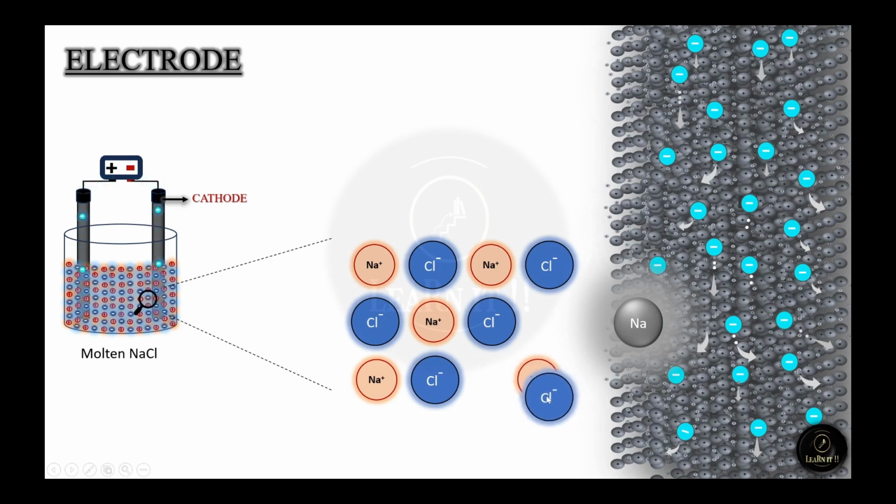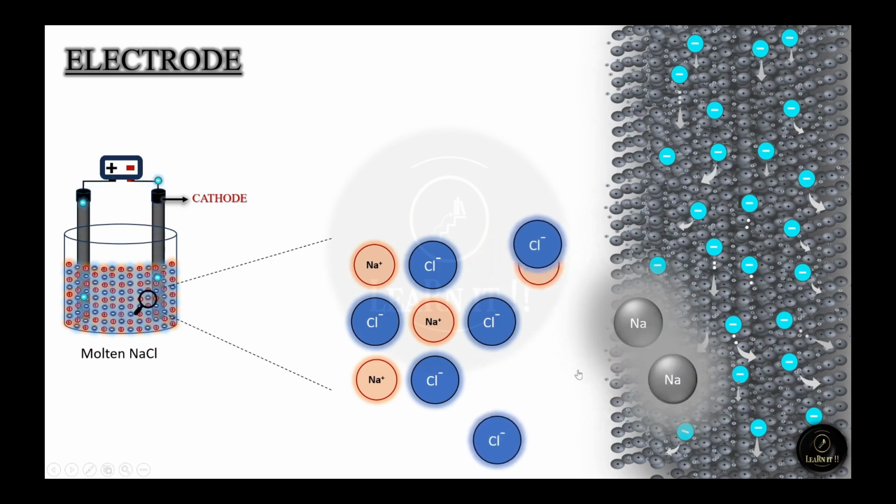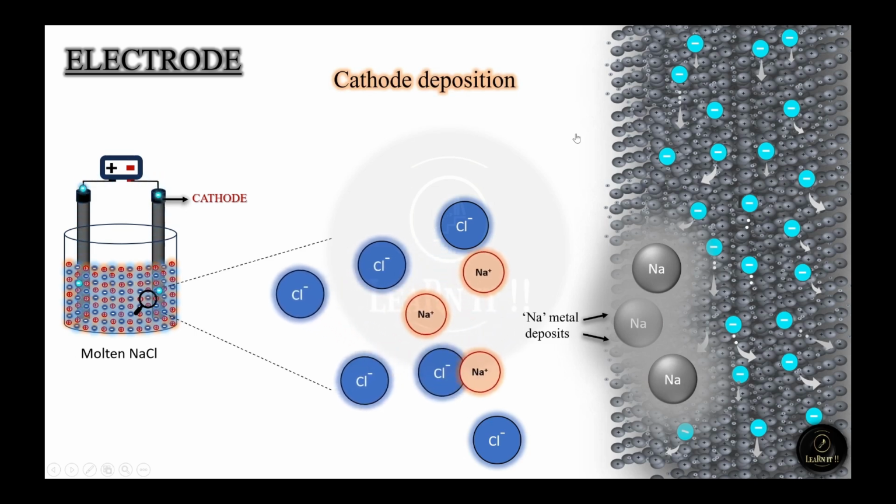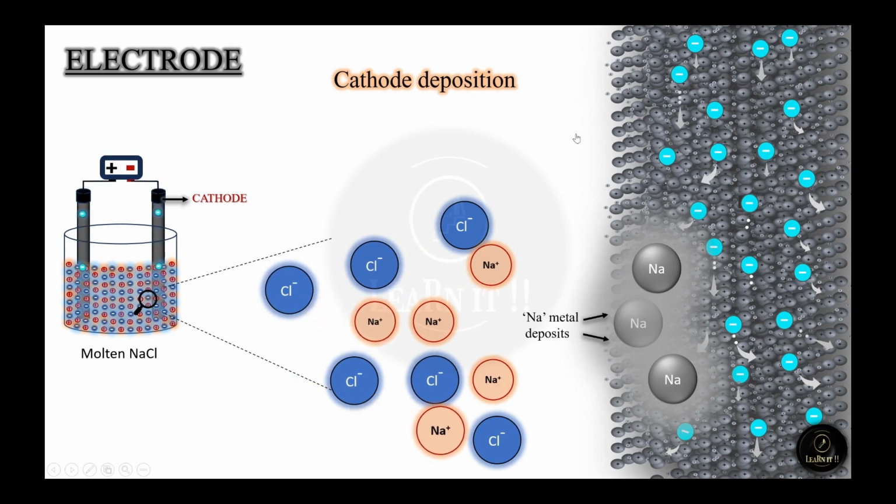So like this, many Na plus ions get deposited on the cathode. So this is called as electrode deposition or it is happening at the cathode, it is called as cathode deposition. So it further pushes Cl minus ions away and attracts Na plus ions.